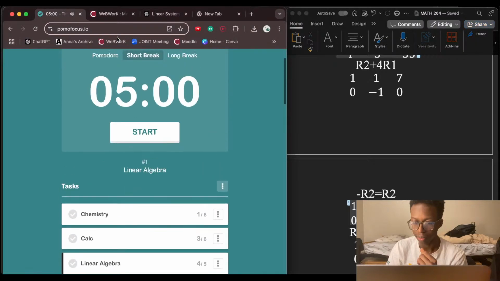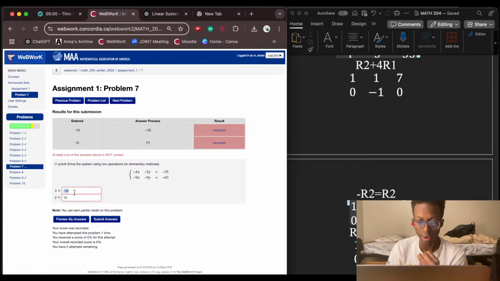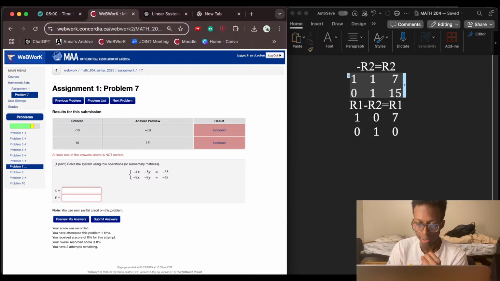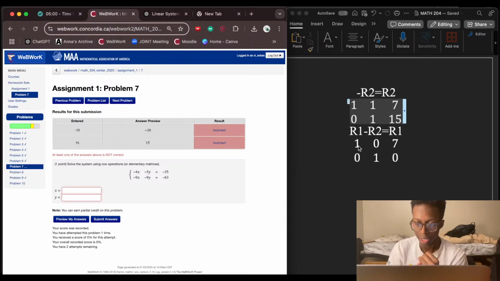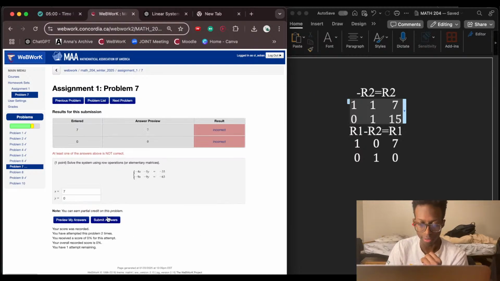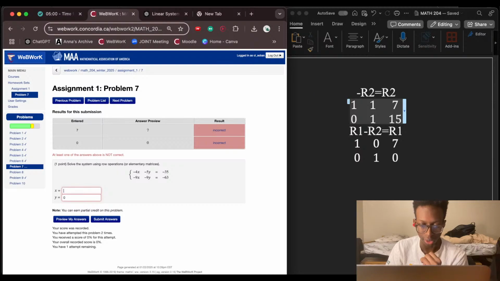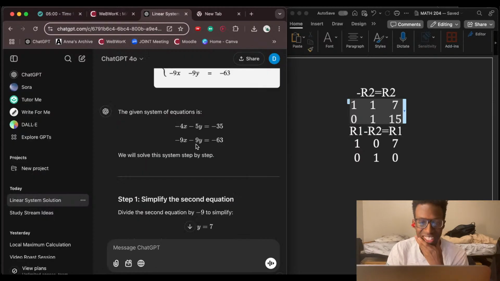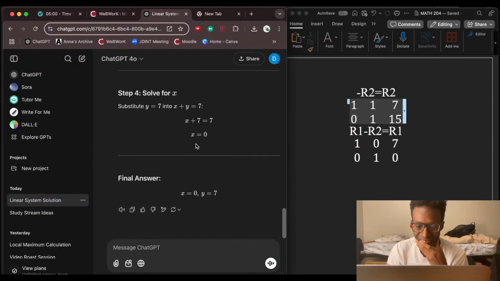Now that's annoying. So I think it's 0 and 7. But what I'm getting here is that x is 7, so let's try that. X is 7, 0, 7. Oh, so it is. Oh no, that's annoying. I don't want to mess it up. It's 0 and 7.